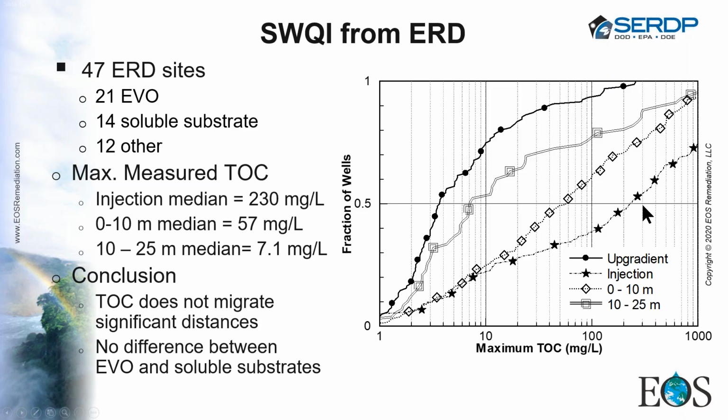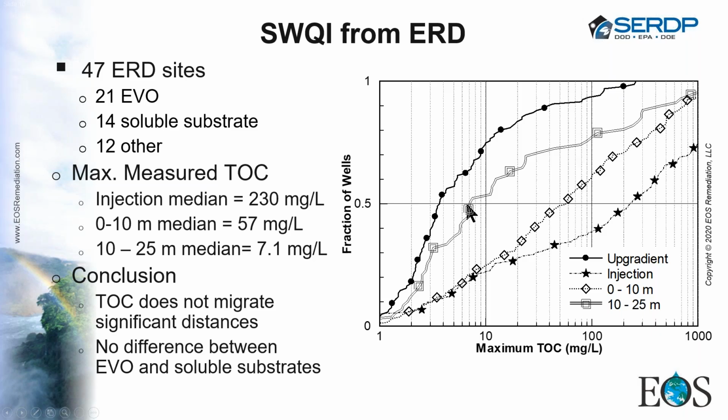So what you see here is that concentrations in the injection zone are pretty high. None of these are actually injection wells. At an average of 5 meters down gradient, 15 feet, it's decreased a lot, and there are quite a few wells where the maximum TOC is 10 milligrams per liter.